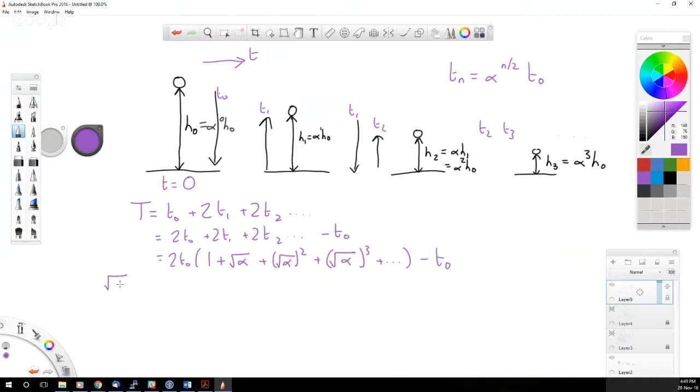Multiply both sides by this factor. Same thing again. We're missing the term at the start, but everything else inside the brackets is the same, and we end up with minus root alpha T0.